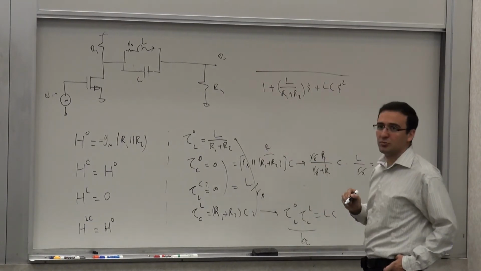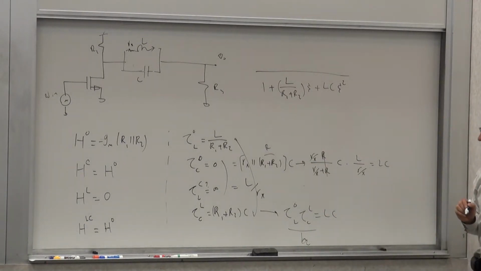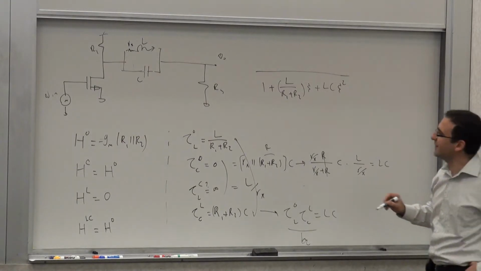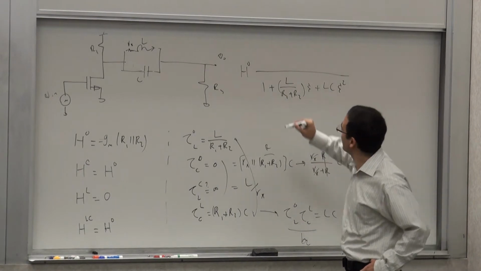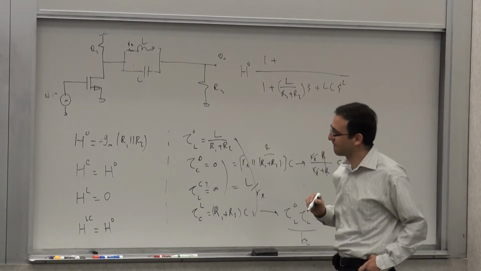And then, how about the numerator? So I can factor H naught out. Okay? So it leaves a 1 plus what?